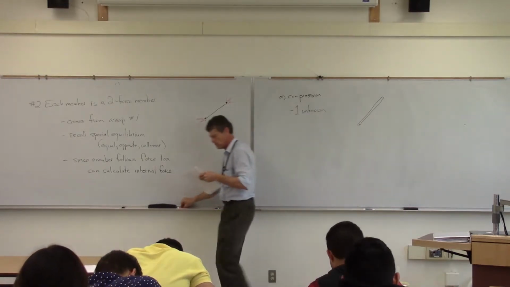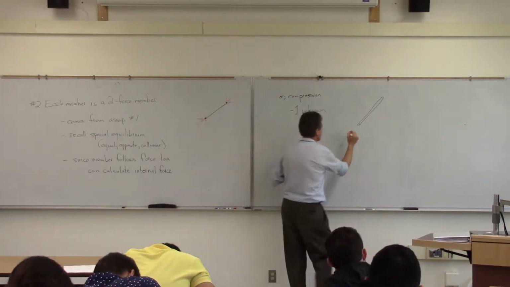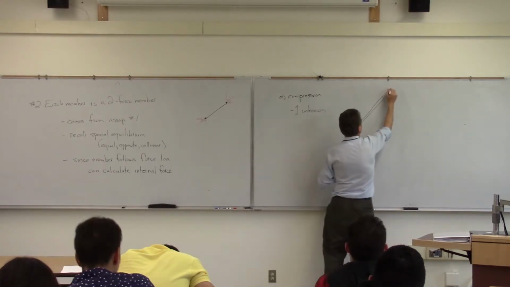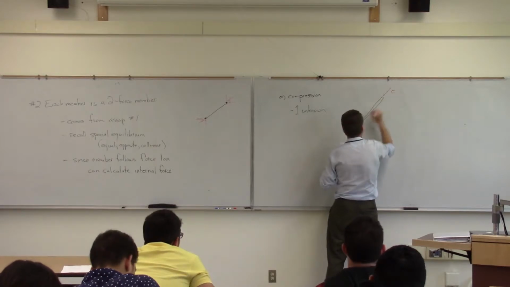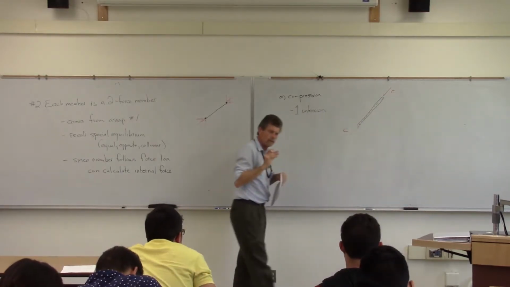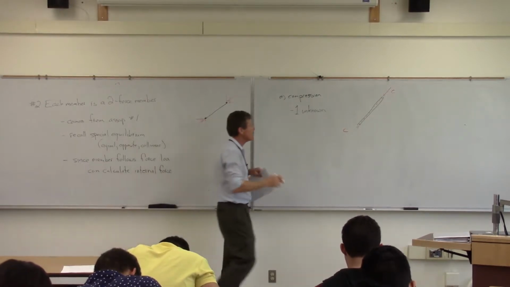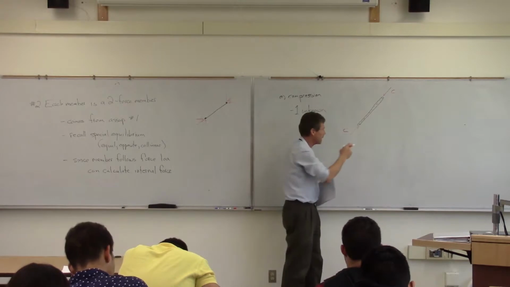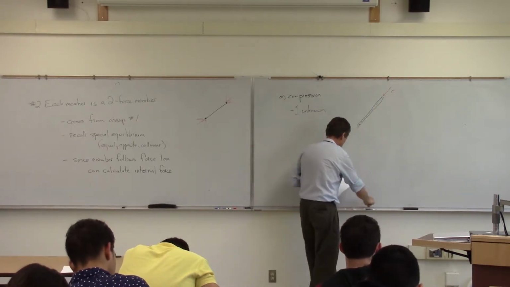Where'd my red go? So since my member follows the line of action of the force, because again, the forces have to be going through each pin there. They have to line up per the pin.